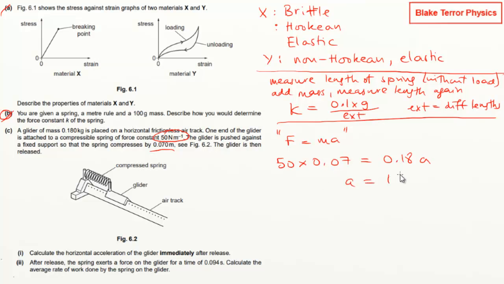So the acceleration is 19.4, which equals, yeah, we're still on two significant figures. Oh, we got 3 on one of them, but not enough on the others. So I'm going to stay on 19 meters per second squared. Yeah, they sort of tempted me in a little bit with this mass here, but we've still got just a straight 50 on the force constant, so I don't want to get carried away with accuracy.